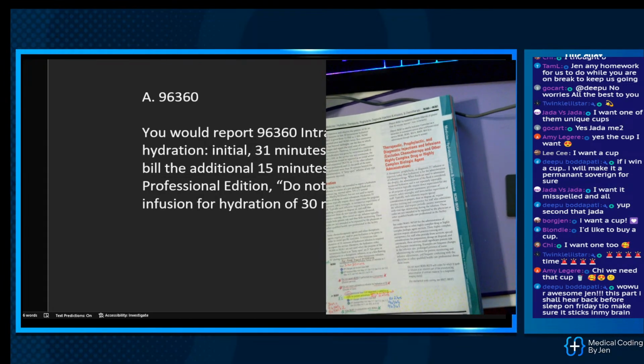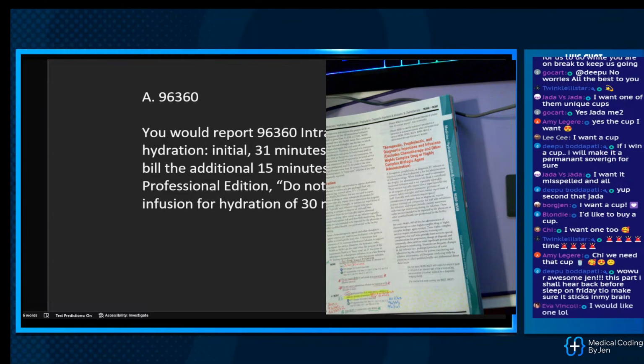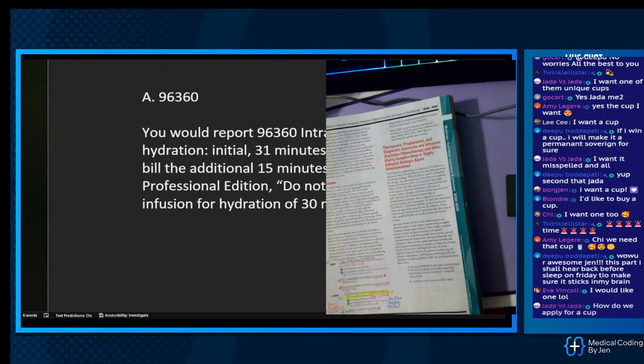Yes, just keep me on your shoulder. What would Jen do with this question? What would I do? If it's a difference between one code or another code, just look at them as numbers. Would I code 3 CPT codes or 2 CPT codes? A lot of times it's just 2.